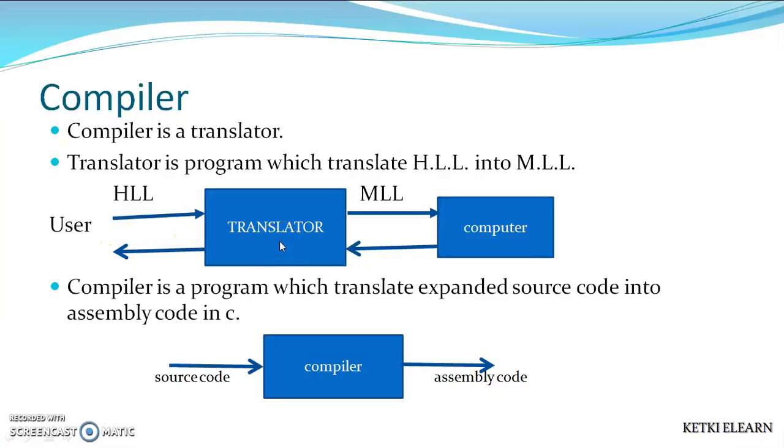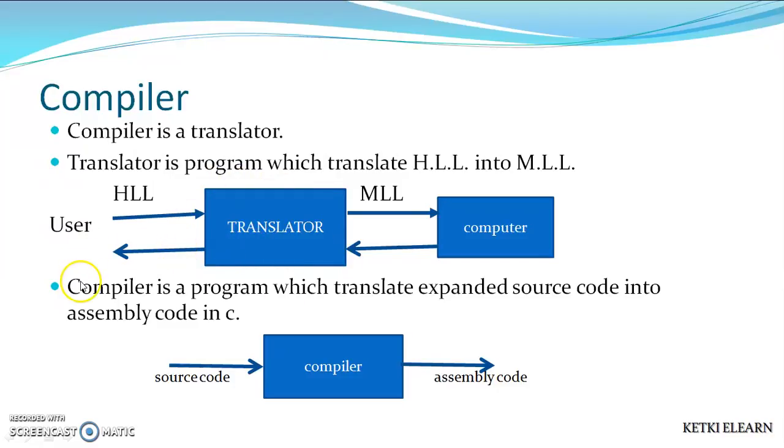So firstly, the user gives input in high level language to the translator. The translator converts it to machine level language. The computer then performs the specific operation on that code and generates output in machine level language, and this output is given to the translator. The translator converts this machine level code into high level language. So this is the function of a translator.